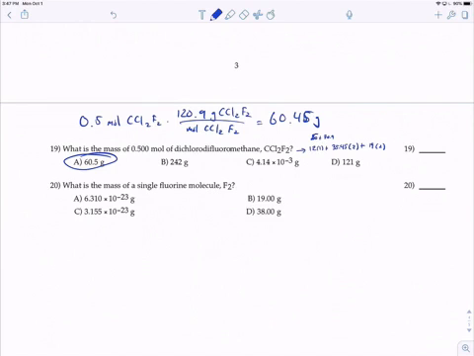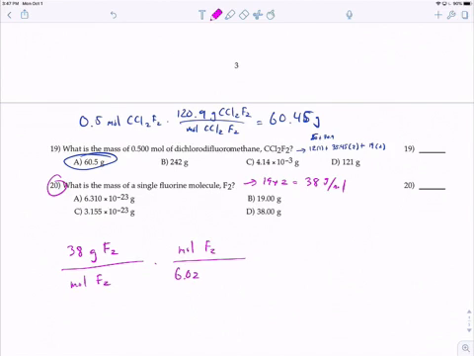Alright, and there's another one that's just like this, number 20, but it's a different molecule, it's fluorine. So, as I already discussed, 19 times 2 is 38 grams per mole, so 38 grams fluorine per mole fluorine times mole fluorine to 6.02 times 10 to the 23rd F2 molecules.